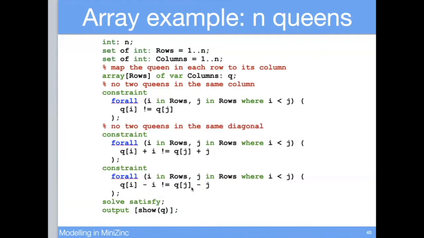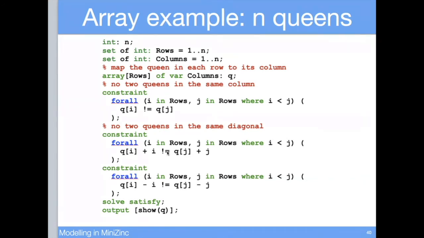All right, so remember, when we were writing down the Queens example, we were saying that no two Queens could be in the same column, and no two Queens could be in the same diagonal like this, and no two Queens could be in the same diagonal like that.